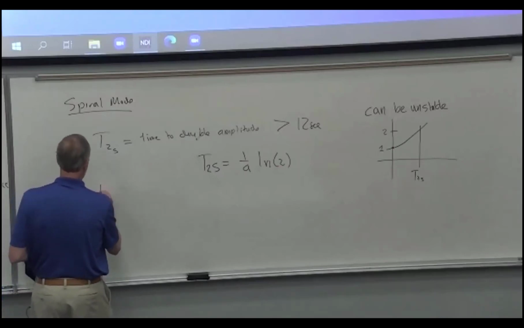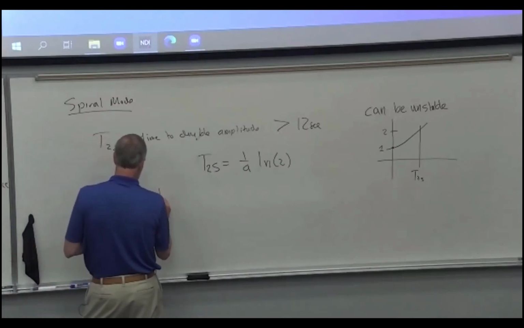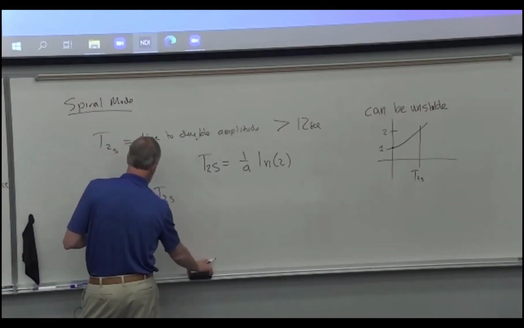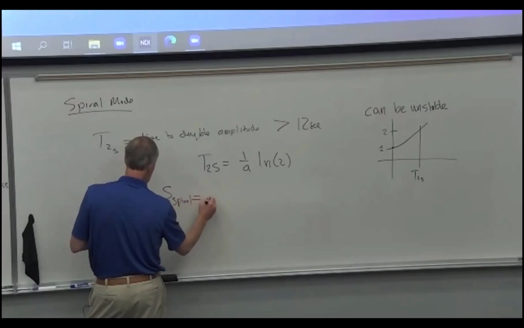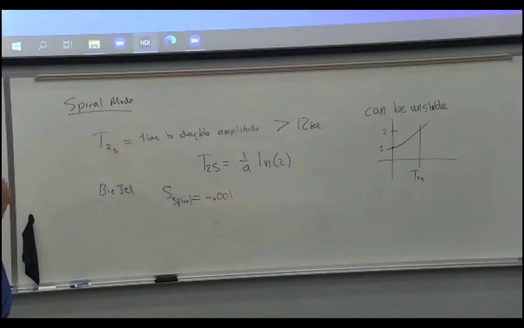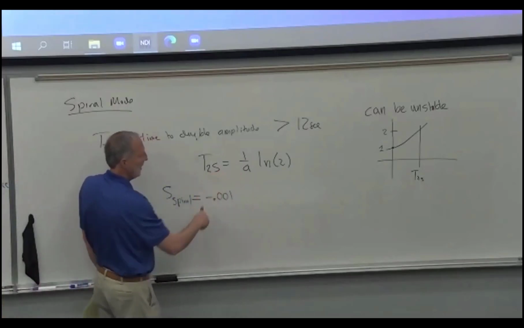So how about the BizJet? The root for the spiral mode for the BizJet was minus 0.001. So if you stick that up in here, you get a negative time to double amplitude.